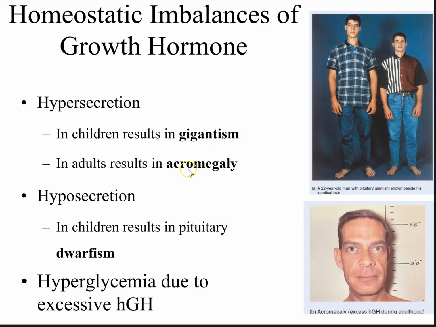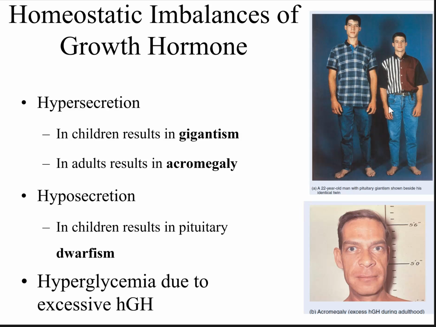Okay, but in adults that have stopped growing, if they end up secreting too much growth hormone, it basically leads to a condition known as acromegaly. Acromegaly is a condition wherein the epiphyseal plates have already closed, so we can no longer grow tall.